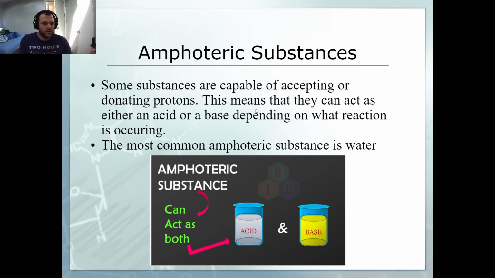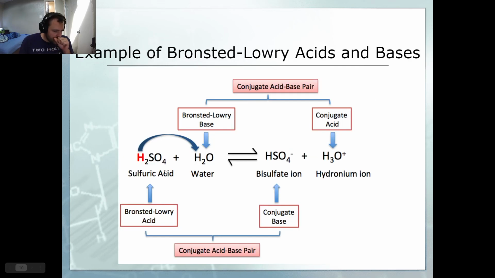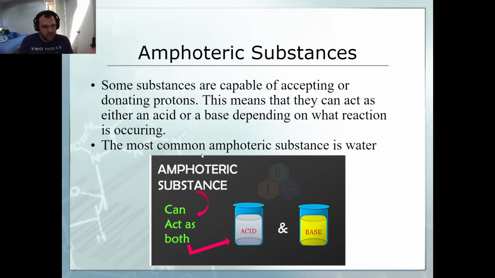There are other substances that can do this, but they're not very common. Amphoteric just means it is capable of accepting or donating protons. It can act as either an acid or a base depending on what else it is reacting with. So when the water reacted with the NH3, it was acting as the acid. And when it reacted with the sulfuric acid, it was acting as the base. So the water is amphoteric.